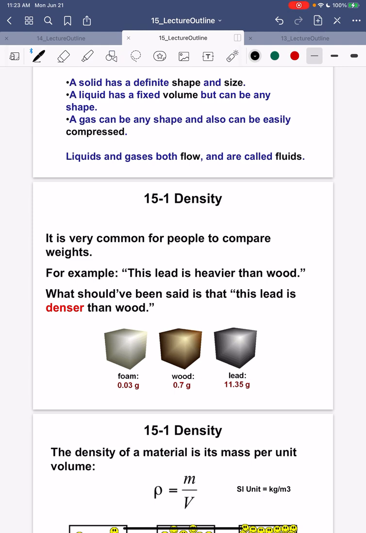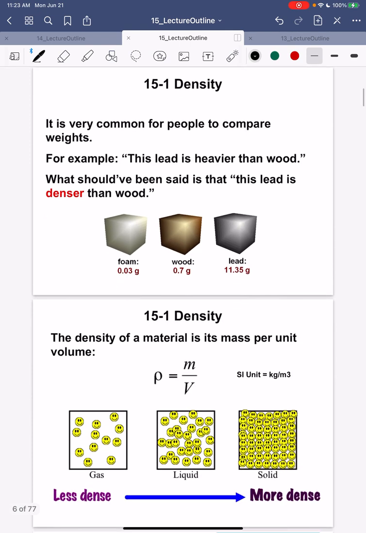Density means the compactness of the structure. If we look inside a material that is a gas, for example, you will have the particles or the molecules with distance between them. They are not very compact. When we move to liquids, we have a little bit more.